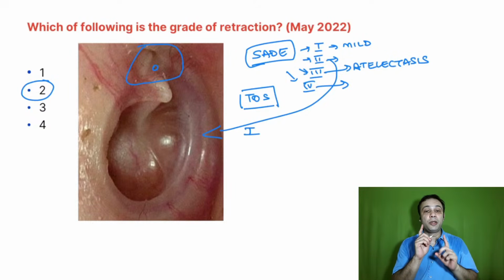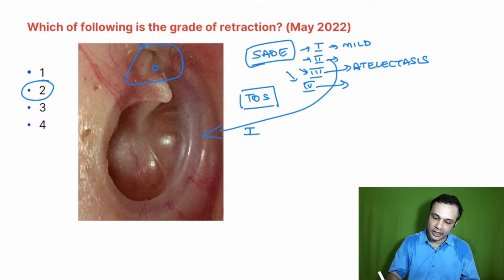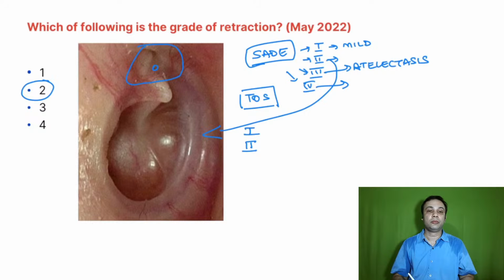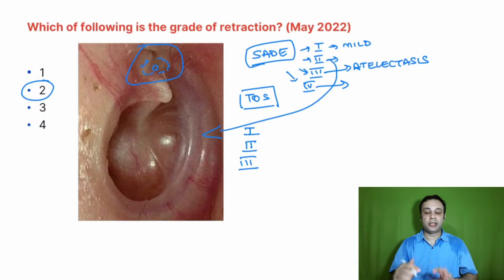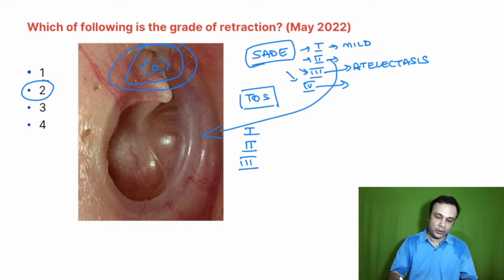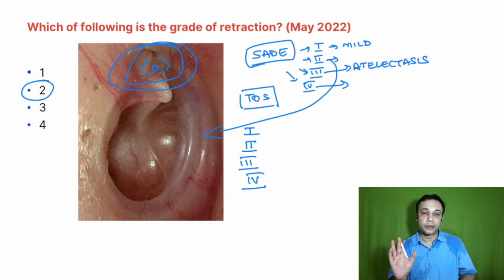When you are able to see the prominence of the neck of the malleus, it becomes grade 2. When there is a limited outer attic wall, there is limited erosion of the attic wall, it is grade 3. And when there is significant outer attic wall erosion, it is termed as grade 4. Hope this is clear to you.